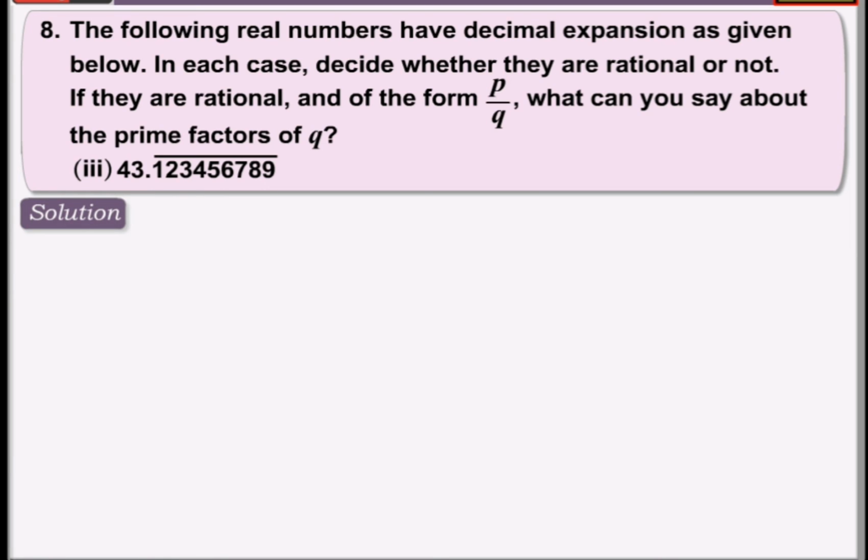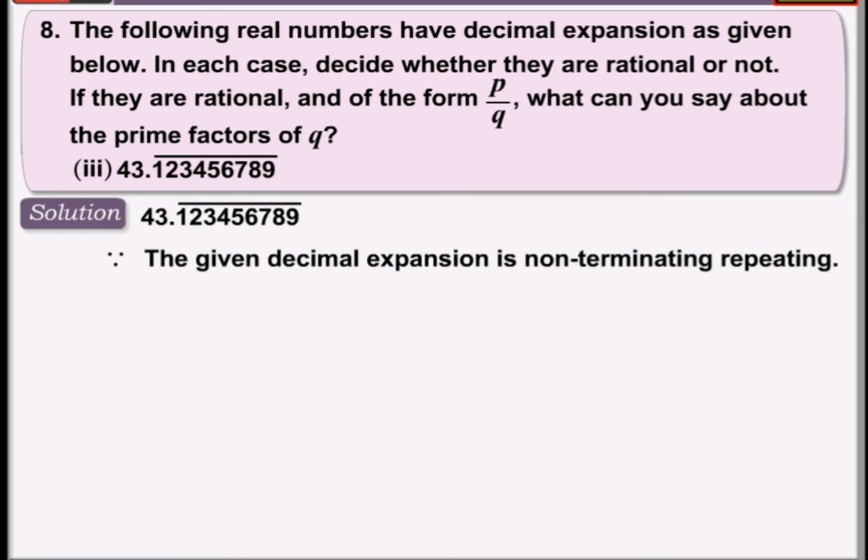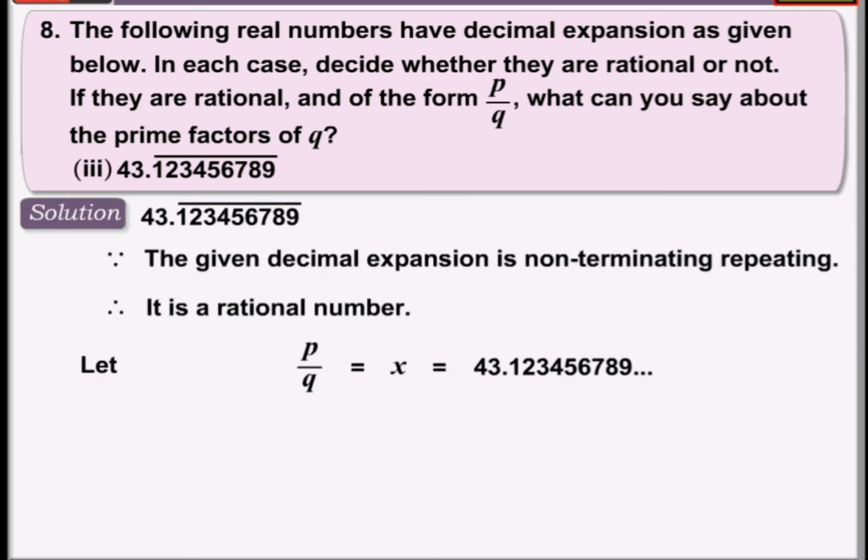Solution. Now here we have 43.12345678 bar. Since the given decimal expansion is non-terminating repeating, therefore it is a rational number. Let P upon Q is equal to x, which is equal to 43.12345678 and so on. Let us put it as 1.